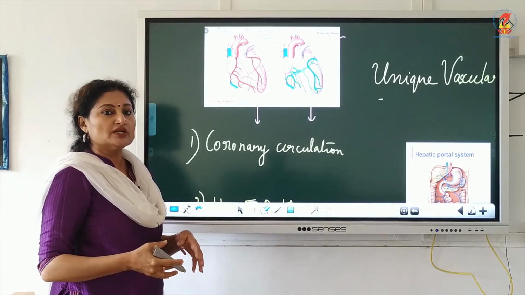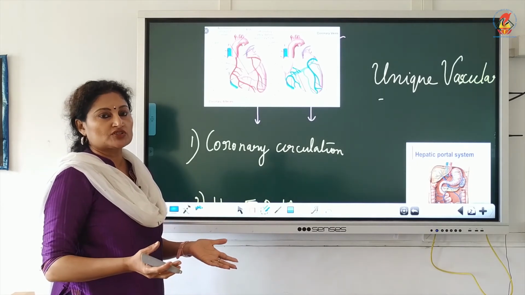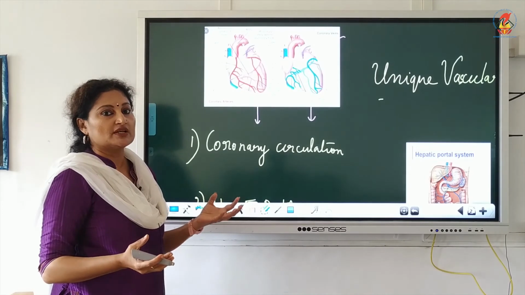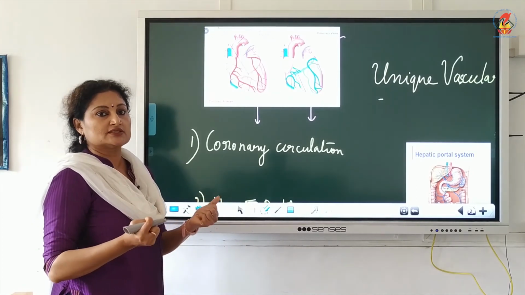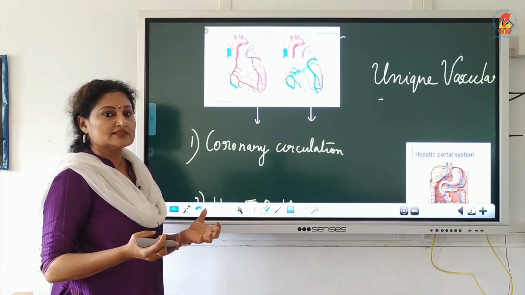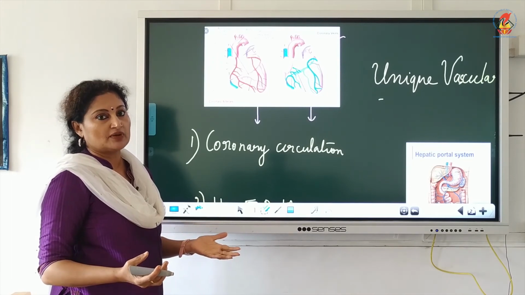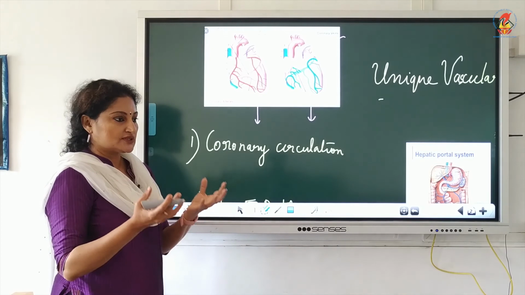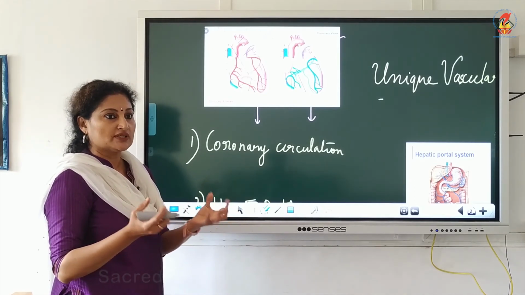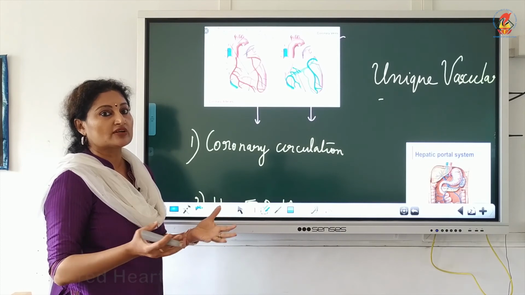So there should be a system to drain off this deoxygenated blood. So definitely the cardiac musculature requires a system to receive oxygenated blood and another system to drain the deoxygenated blood.